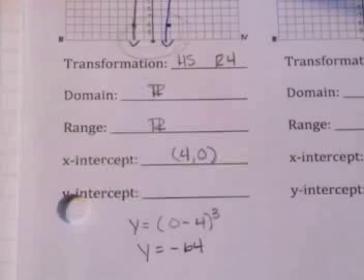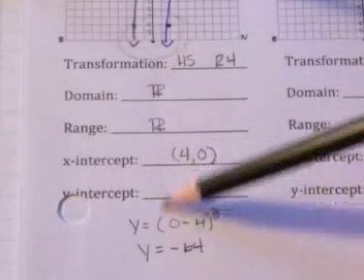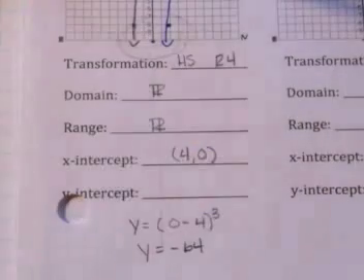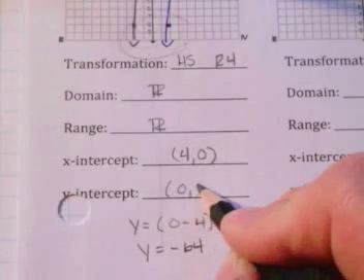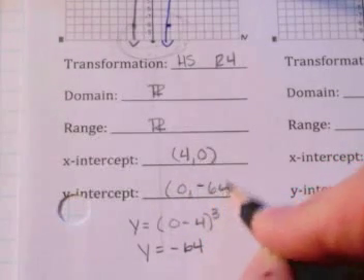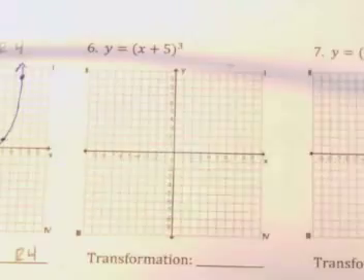And that's why I couldn't see it on my graph. It is absolutely way off this graph that I have on the paper. Way down here somewhere on the graph, I'm going to hit the y-axis. So I would say that my y-intercept is at 0, -64.